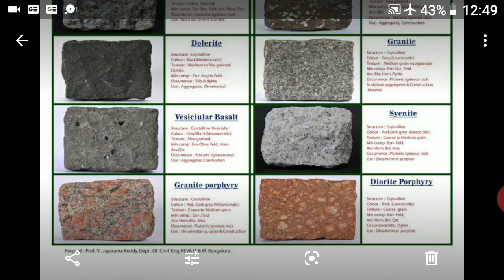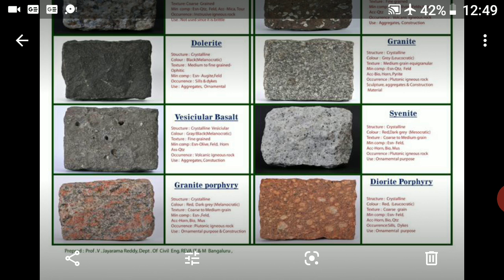Next is syenite. Structure crystalline, color white, gray, dark gray, texture coarse to medium grain. Mineral composition: essential is feldspar group mineral, accessory hornblende, biotite and muscovite minerals. Occurrence: plutonic igneous rock. Use: ornamental purpose.